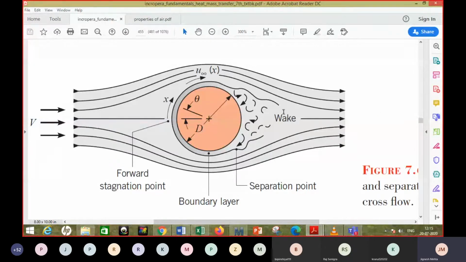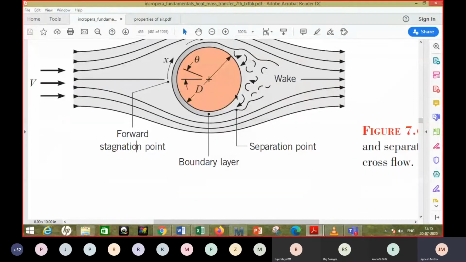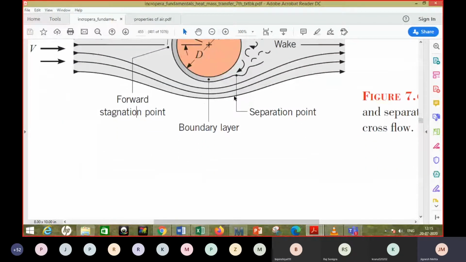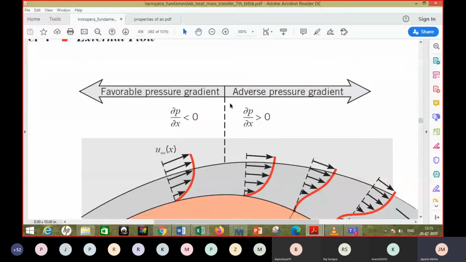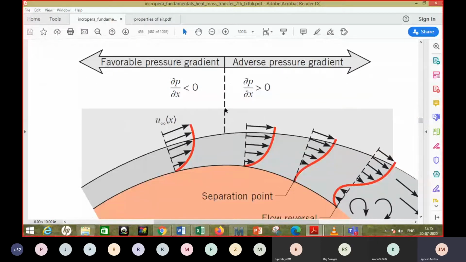So this is understanding the flow pattern, or the physics of the flow, when there is a flow over a cylinder. It is one of the cases of external flow. Some of the things I told earlier are shown graphically in this diagram.